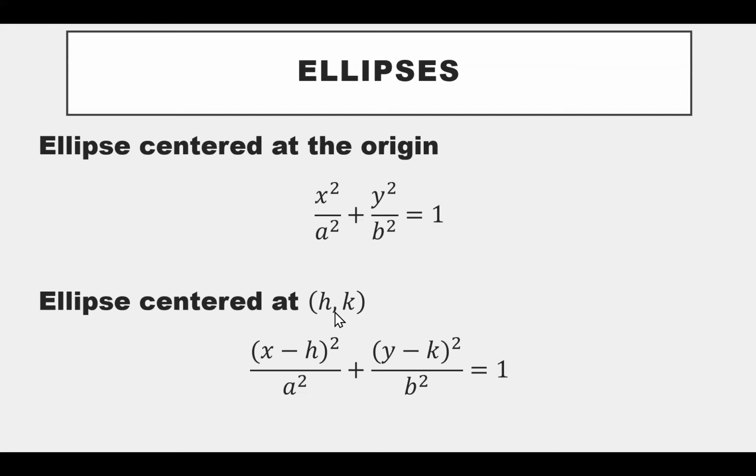Well, if I wanted to center that at h, k, I just replace the x with an x minus h, replace the y with a y minus k, and then all we've done is shift that ellipse h units in the x direction and k units in the y direction.